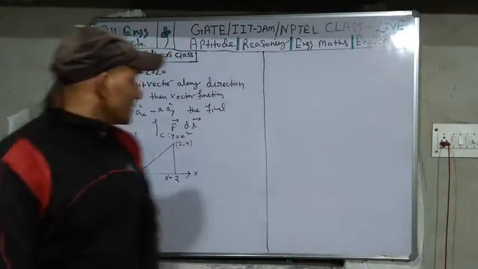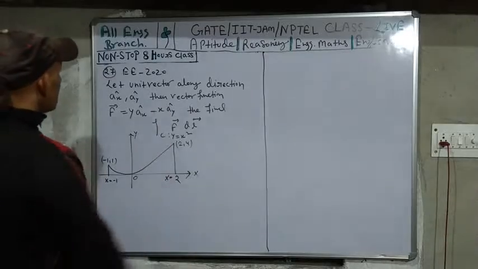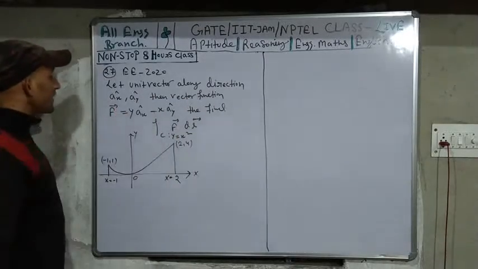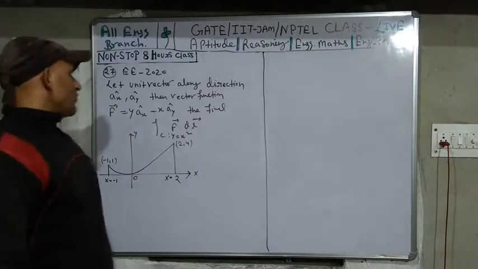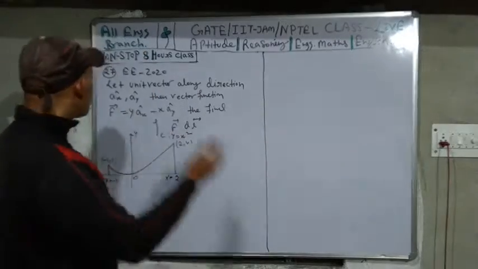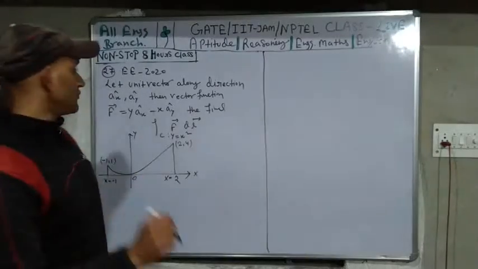So now the question is: let the unit vectors be along the directions ax and ay. That is our habit to write i and j unit vectors, but they have defined ax and ay here to confuse you.